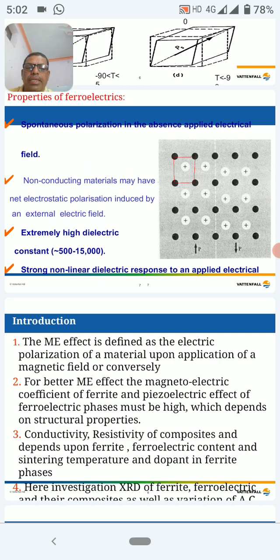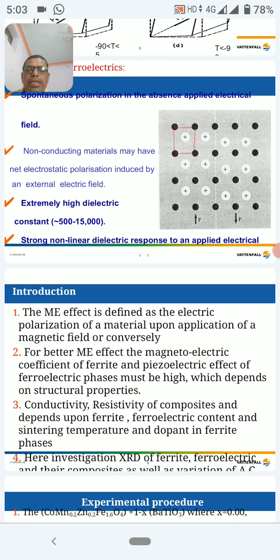So for a better magnetic field ME effect, the magnetoelectric coefficient of the ferrite and the piezoelectric coefficient of the ferroelectric phase must be high, and that depends on the structural properties of the ferrite as well as the ferroelectric materials.